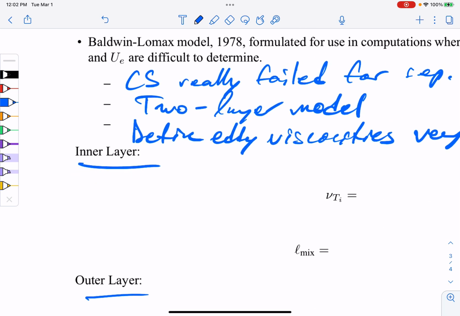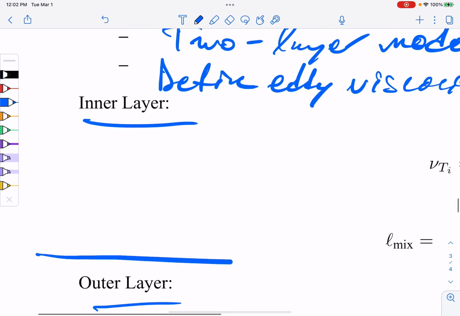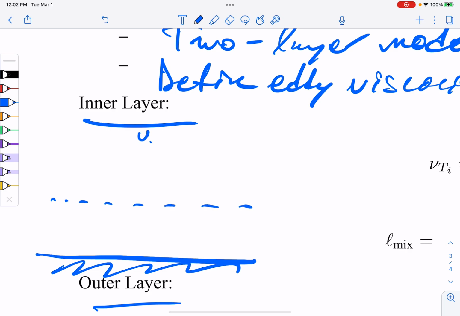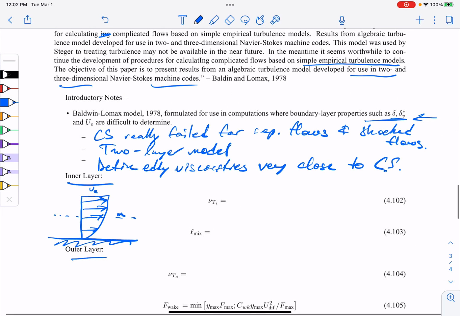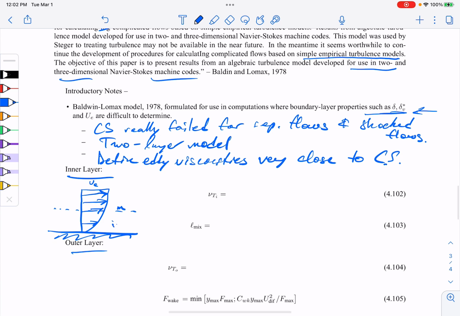Just to remind you, we have a wall and there's a flow. This is U_E, the edge of the boundary layer. And we have some boundary layer profile, and there's some intermediate region. We'll call that sometimes M, because in the next model we'll use M to denote that region between the inner and outer layer. So this is inner and outer.